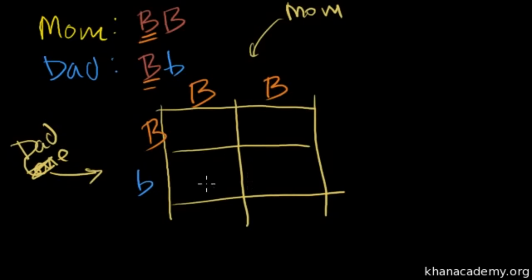So the different combinations that might happen, an offspring could get both of these brown alleles, one copy from both parents. This could also happen where you get this brown allele from the dad and then the other brown allele from the mom. Or you could get a brown allele from the mom and a blue-eyed allele from the dad. Or you could get the other brown-eyed allele from the mom.